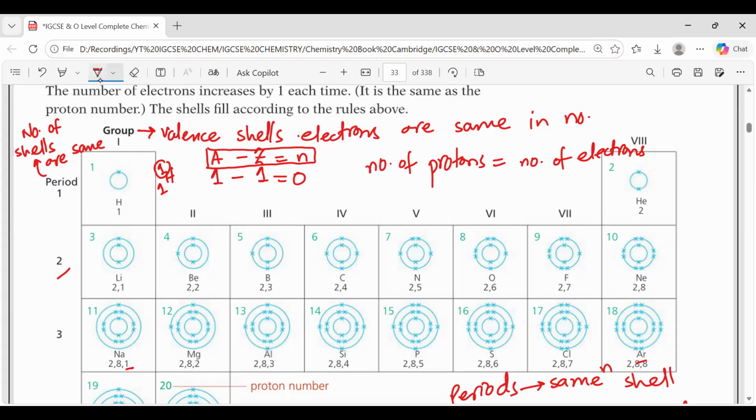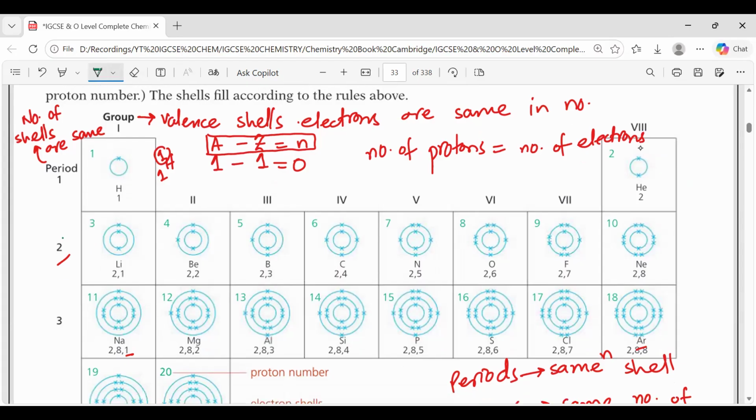This was about the first element, hydrogen. Now let me change the color. If you see this, this is helium. Can you tell me how many protons are there in this? Protons, 2.